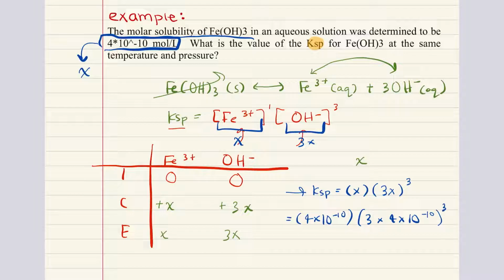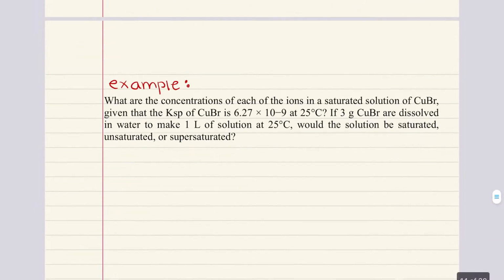And if you plug this into a calculator, you're going to get a value of around 6.9 times 10 to the minus 37. So that is the value for our KSP for iron 3 hydroxide. Beautiful. Let's move on to the second example problem.